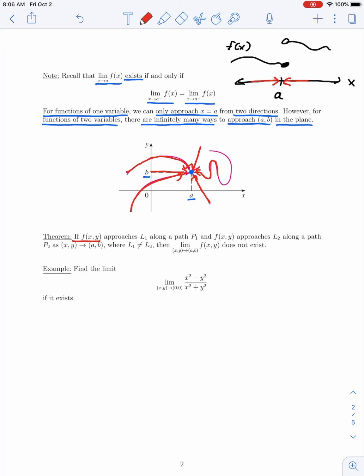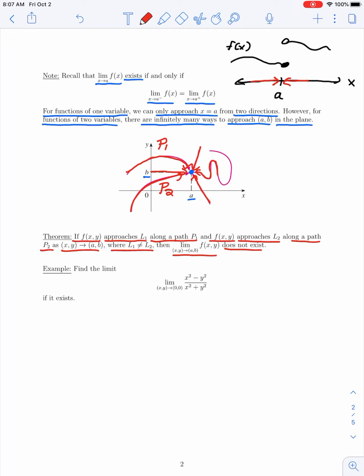In particular, if the function f of (x, y) approaches a limiting value L1 along some path, let's call it P1, and the values of our function f of (x, y) approach L2 along a path P2 as (x, y) approaches (a, b), where L1 and L2 are different real numbers, then we would say the limit of this function does not exist.